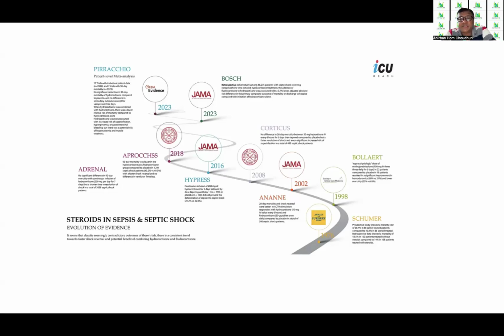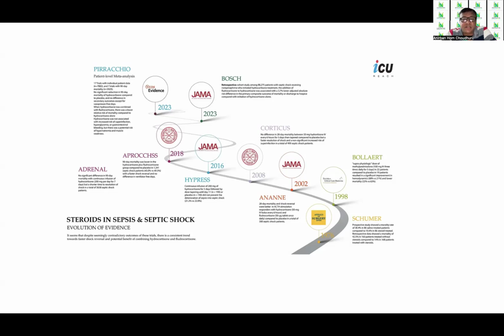Starting from 1976, Schumer reported a prospective study showing a mortality rate of 38% in 86 saline-treated patients compared with only 10.4% in 86 steroid-treated patients. It also showed a mortality of 42.5% in 160 patients without steroids compared with 14% in 168 patients treated with steroids. So it showed large benefit in patients when they were administered steroids.